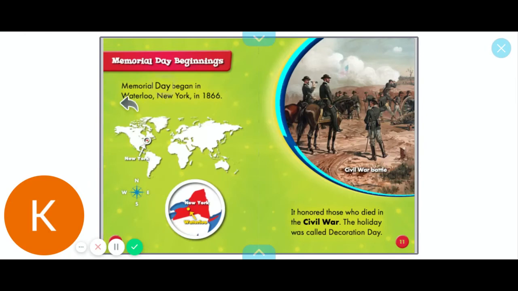Memorial Day began in Waterloo, New York in 1866. And you can see the city of Waterloo is located here within the state of New York. It honored those who died in the Civil War. The holiday was called Decoration Day.